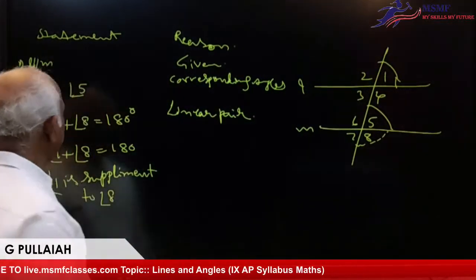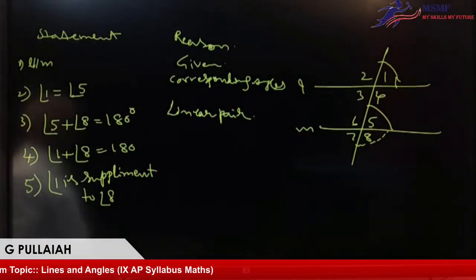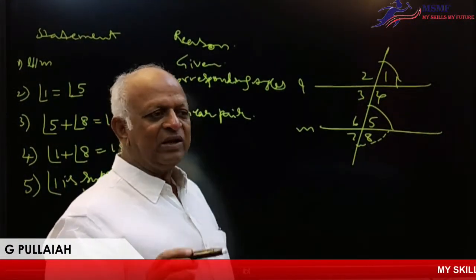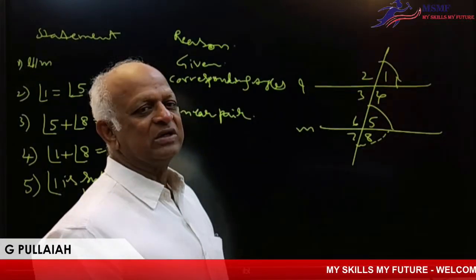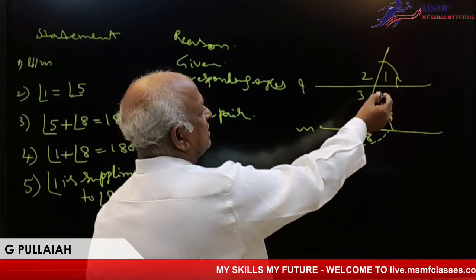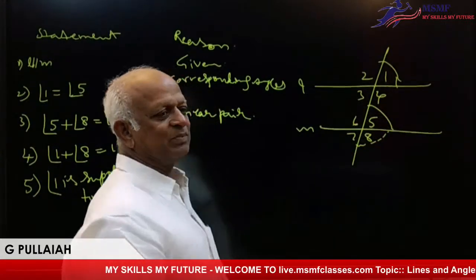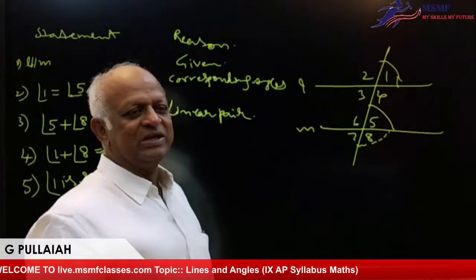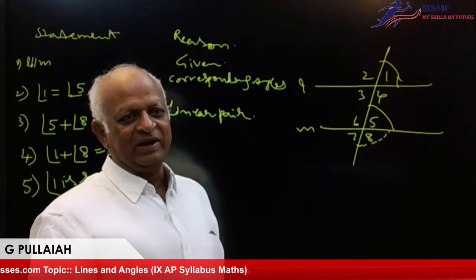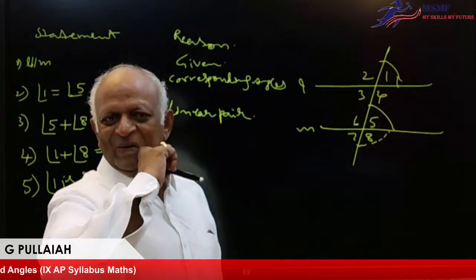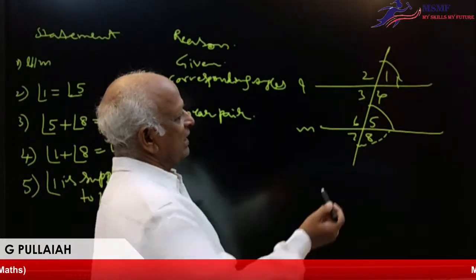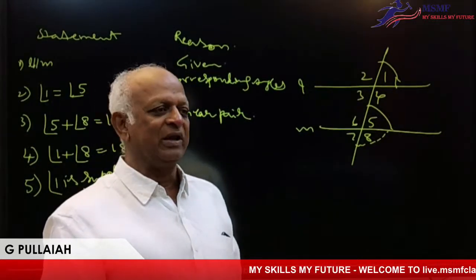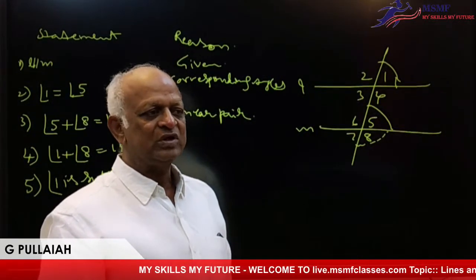Okay, now angle 1 plus angle 8. Observe very carefully. Here is one concept. The co-interior angles are supplementary. I mean, the interior angles on the same side of the transversal are supplementary. Then what is going to happen here? Think very carefully.